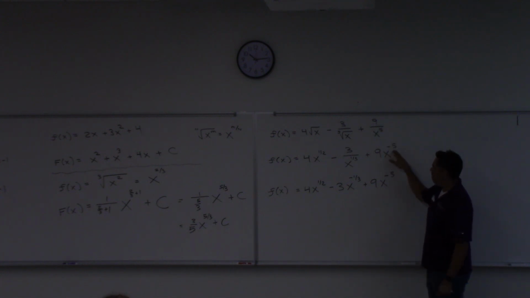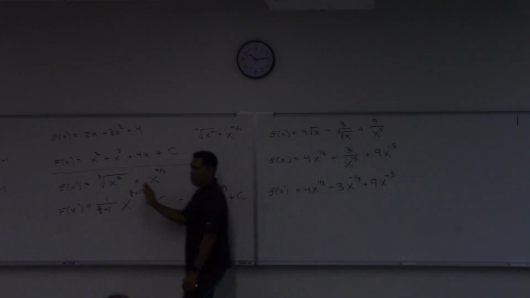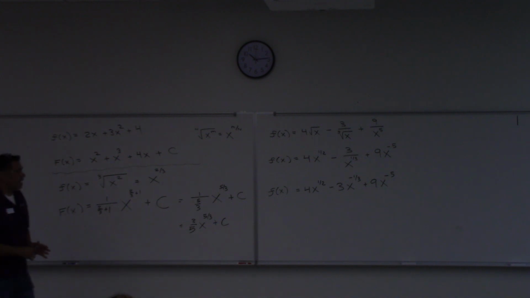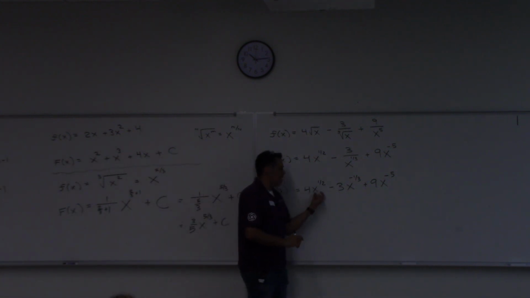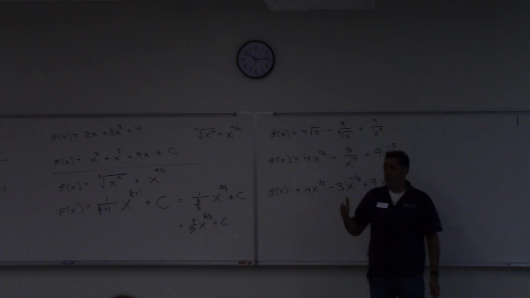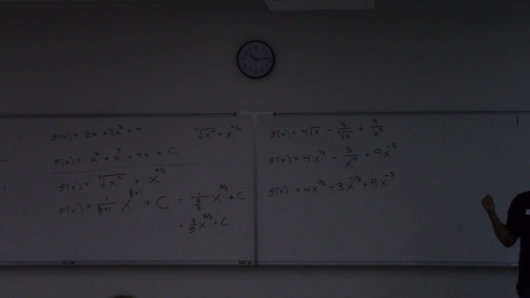The reason I'm doing that is because this rule only applies if the x is in the numerator. If the x is in the denominator, it doesn't work. So that's just me getting every single term to be a constant with x to a power. Constant, x to a power. Constant, x to a power. And now what I do is I try and find the antiderivative of each one. Any questions on that step?